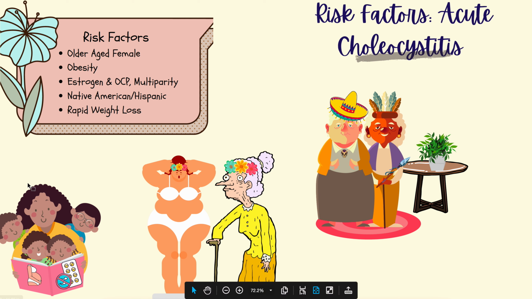Multiparity, the lady here with her kids and a pregnant belly, birth control pills here. Native American and Hispanic, here we go with that visual. And then we have rapid weight loss. That can piece together some of the risk factors and jog your head if you need a visual, the colorful patterns. That is one of the things that helps us learn.